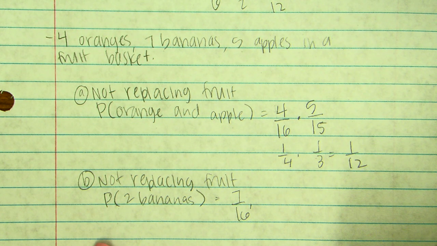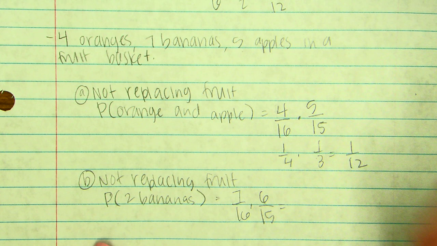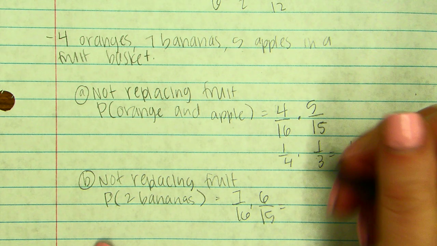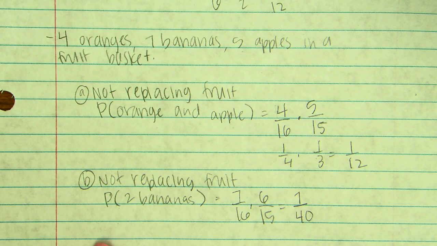So now there's only 6 bananas left because I drew one out in the first draw, and there's only 15 pieces of fruit left. So I have 7 over 16 times 6 over 15, and that gives me 7 out of 40 if I simplify. 7 out of 40 chance that I draw 2 bananas.